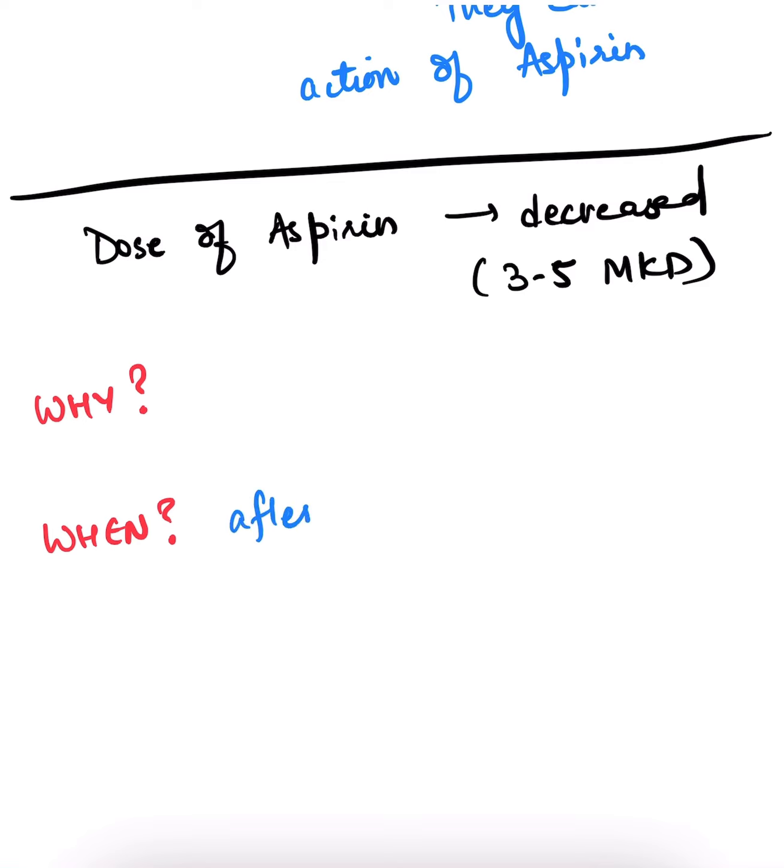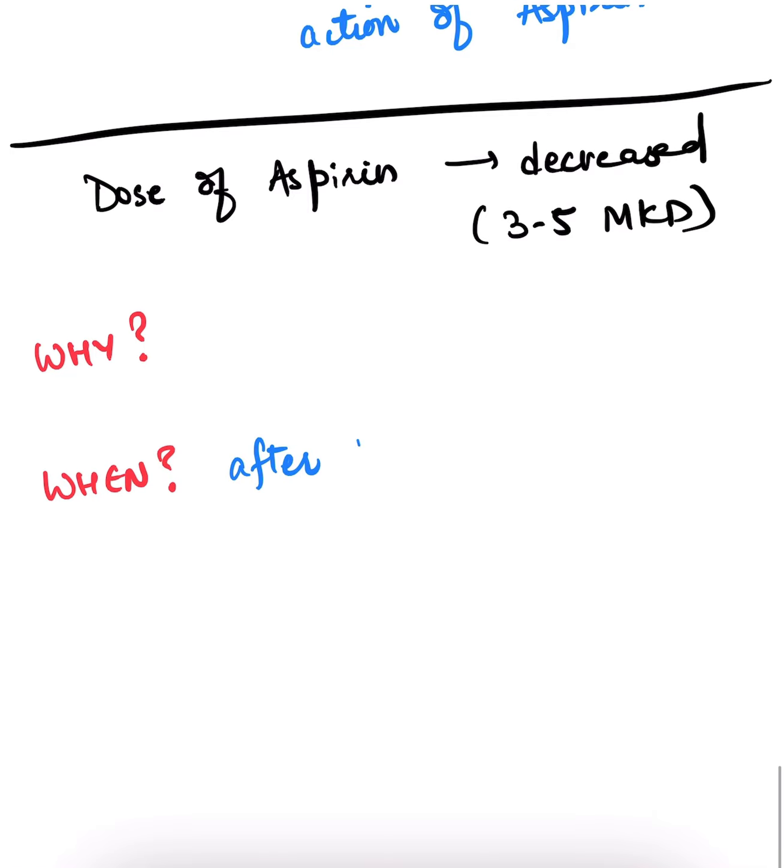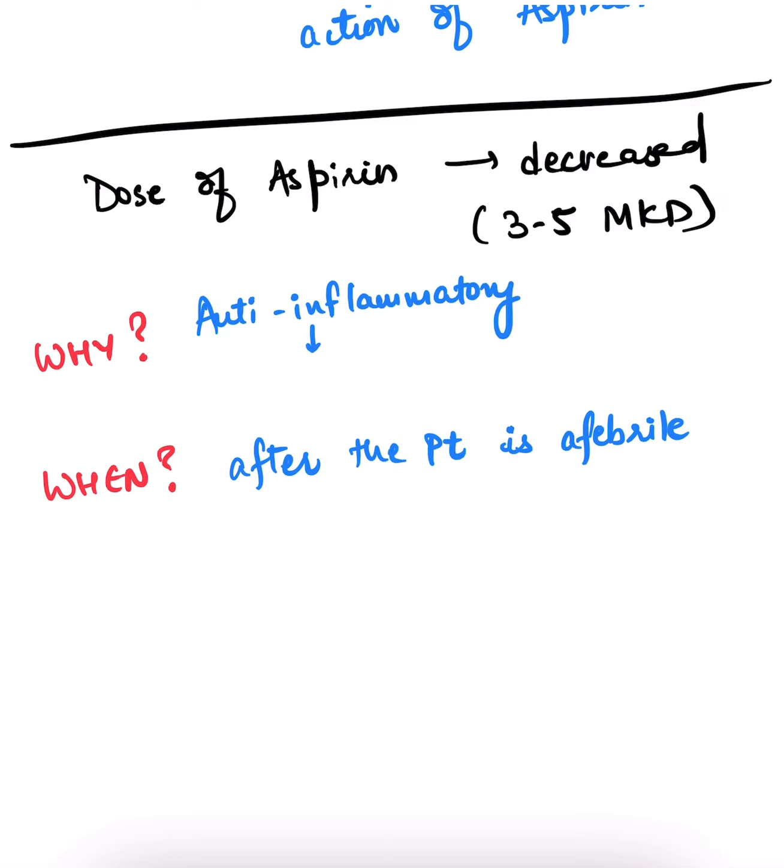After the patient is afebrile, when the patient is not having fever anymore, then this dose of aspirin is decreased, say after about 14 days, 2 weeks. So why is this dose decreased? The first dose which we have given is the anti-inflammatory dose, so it is decreased from anti-inflammatory to anti-thrombotic.